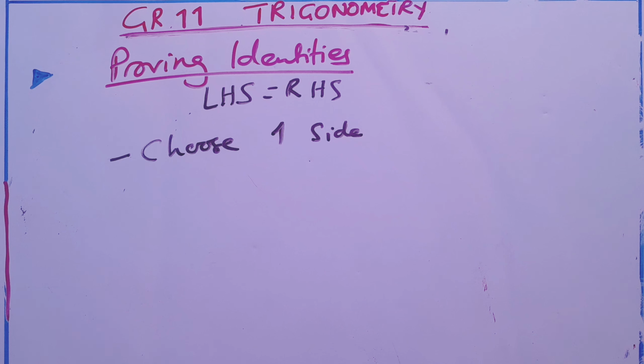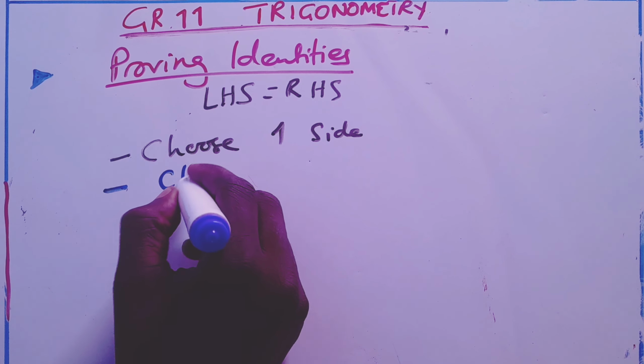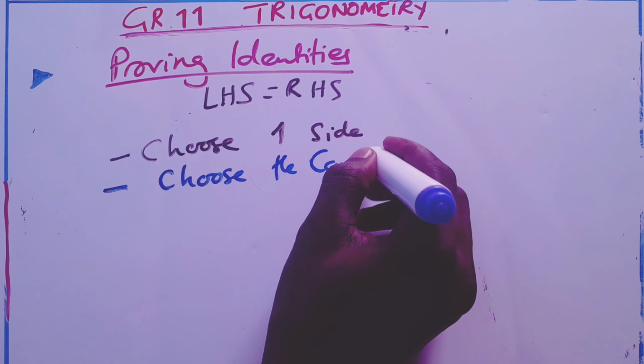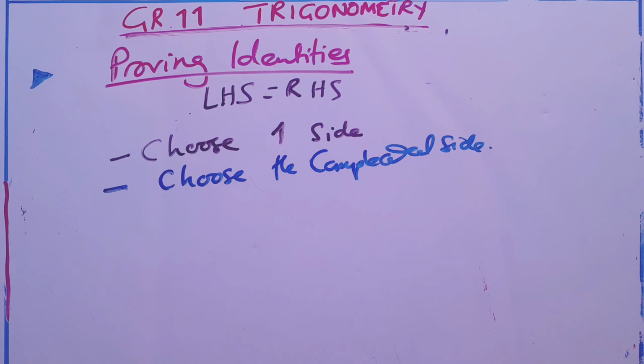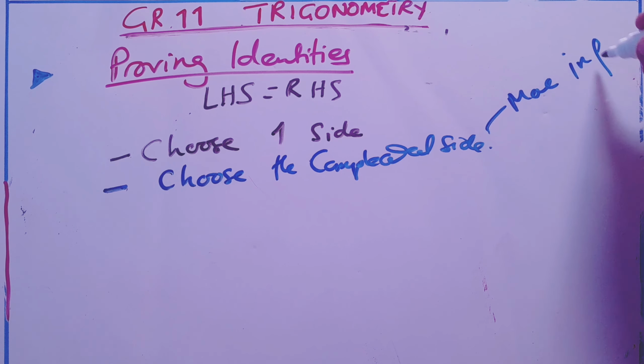From then, what's your next step? Now you have to choose the complicated side, or you have to choose the side with more information, right?